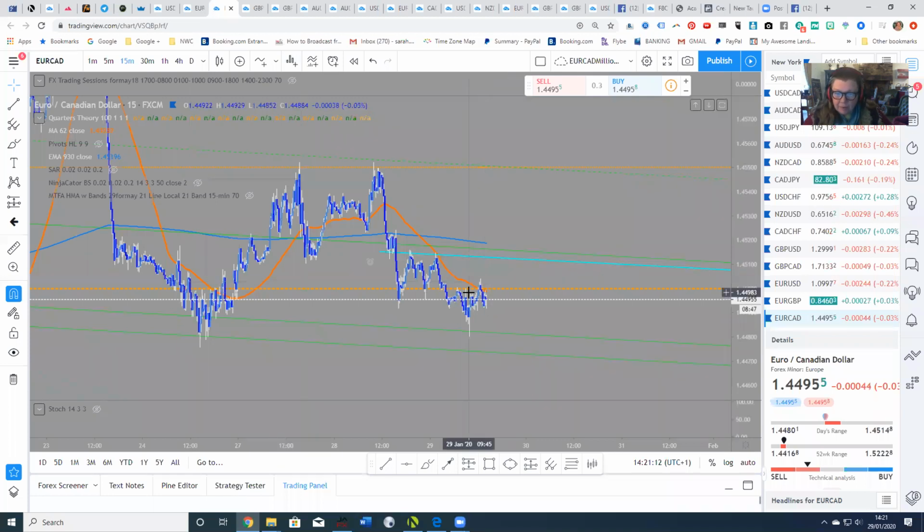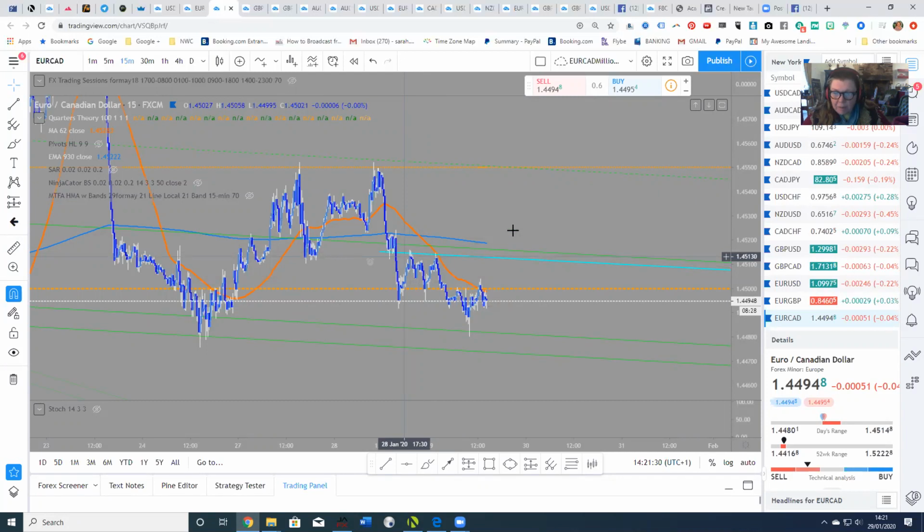I marked that up a couple of hours before I came on here. That's my pitchfork, I like to take trades off there. That's a nice little sell where it crossed over last night, and it's moved down, given us a break and retest of the 62.